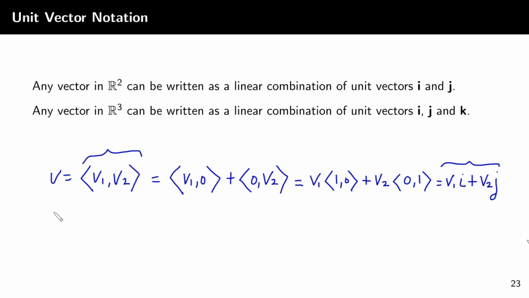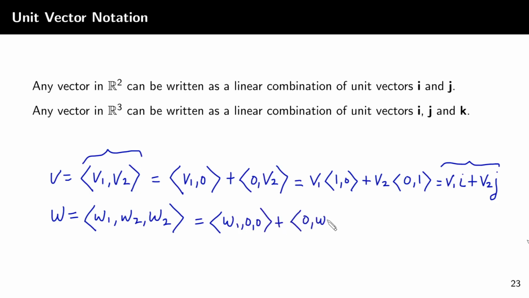So, ganun din kung nasa R3 tayo. So, kung yung vector W ko ay may components na W1, W2, and W3, okay, this will be equal to the vector W1, 0, 0, plus the vector 0, W2, 0, plus the vector 0, 0, W3.